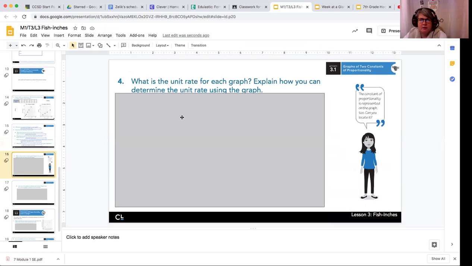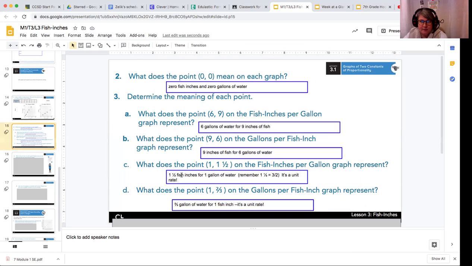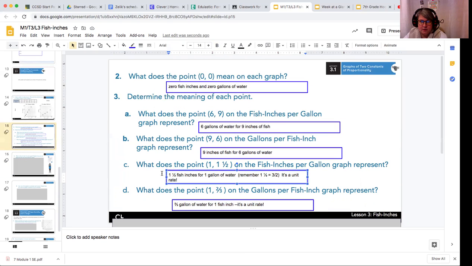So what is the unit rate for each graph? Explain how you determined it. We kind of just talked about it. We talked about the fact that this right here is a unit rate. And this is a unit rate, depending on what you're talking about. Are we starting with gallons of water or are we starting with inches of fish?